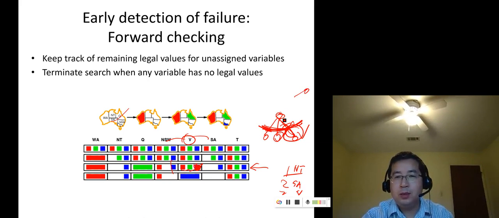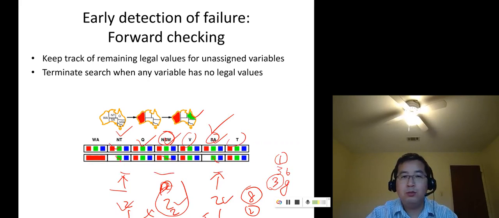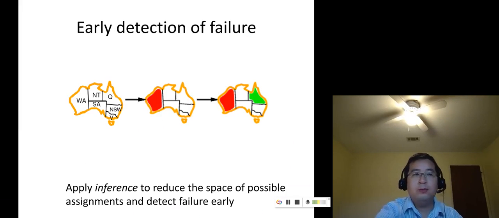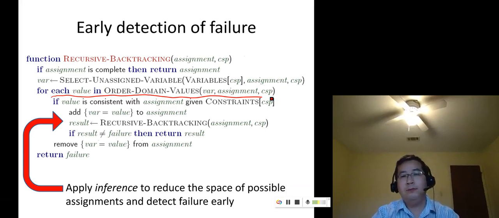We just go with the remaining values first, because we know we have a for loop. We have for each value in the order domain values. Of course, here we are not using order domain; we use the most constrained and least constraining value.